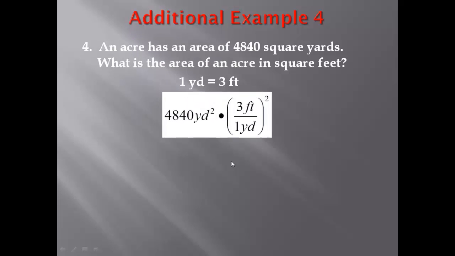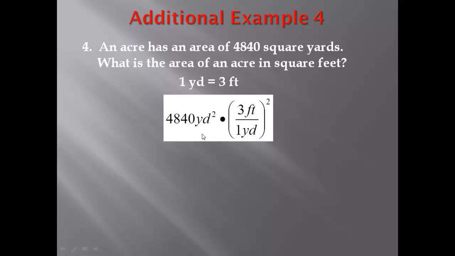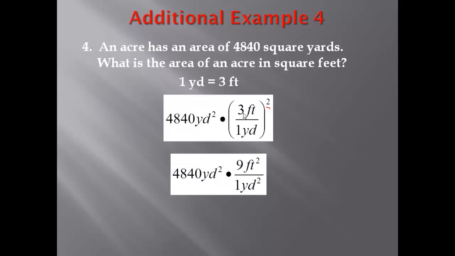So when I set this up, I have 4,840 square yards, and I'm multiplying that by 3 feet over 1 yard, which that whole conversion is squared. When I square my conversion, I'm doing 3 squared, which is 9, so I have 9 square feet on the top, and 1 squared, which is 1, so 1 square yard on the bottom.